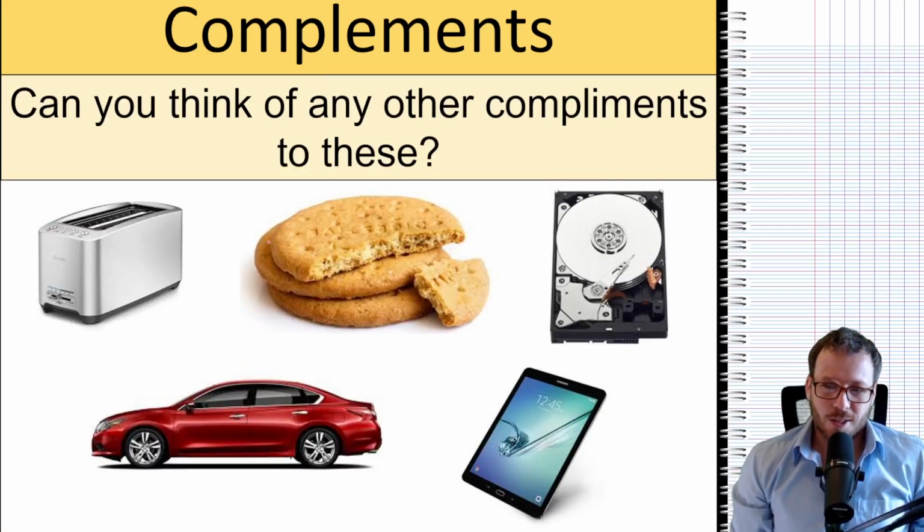A lot of students didn't know what the one on the right is, but it's not a CD player. It's a hard drive, an old school hard drive. We know now that hard drives are SSD. The game's changed, but complements to that would be all the other components for a computer. Complements to biscuits, tea, coffee. Complements to a toaster, bread, crumpets, those lovely British crumpets.